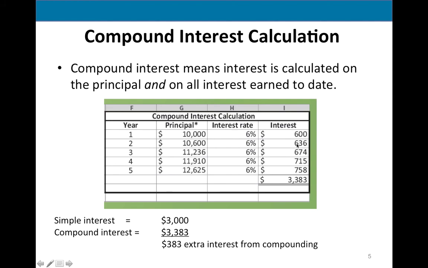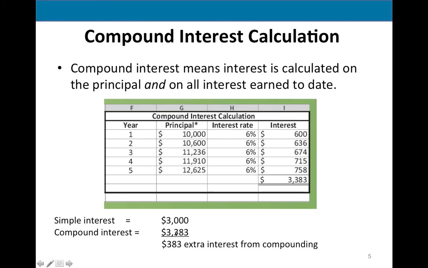So the second year interest goes up to 636. Third year to 674, because my base increases. And so as a result, after 5 years, instead of earning 3,000, the amount of interest we earned using simple interest, we would have earned $3,383, or $383 extra interest from compounding.